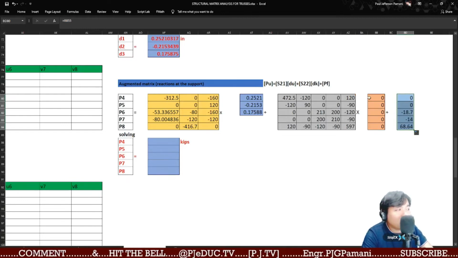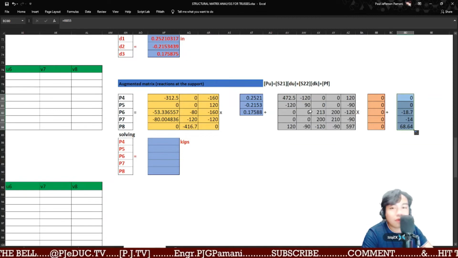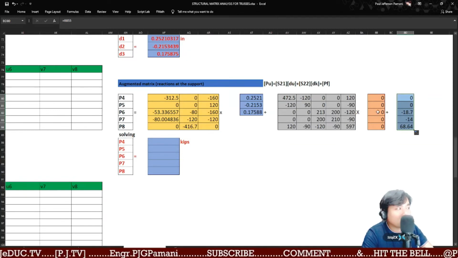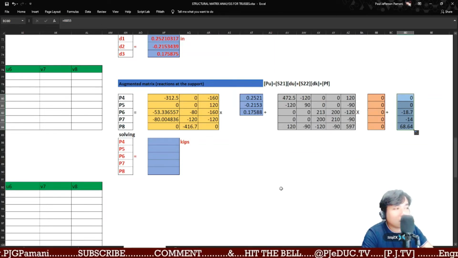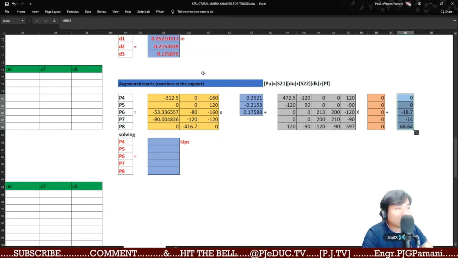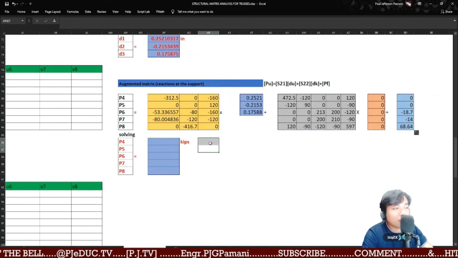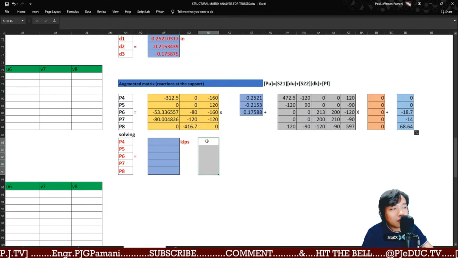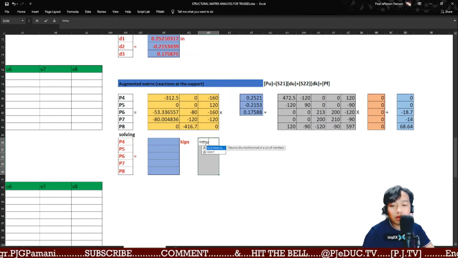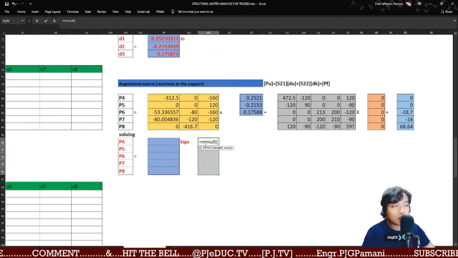So if we multiply this one, a 5 by 5 matrix with a 5 by 1 matrix, such that these are zeros, so makakancel na yan. Zeros na yan. So, para isa-isahin natin, multiply natin muna si 5 by 3 matrix with a 3 by 1 matrix. So, 5 by 3 times 3 by 1 is a 5 by 1 matrix.